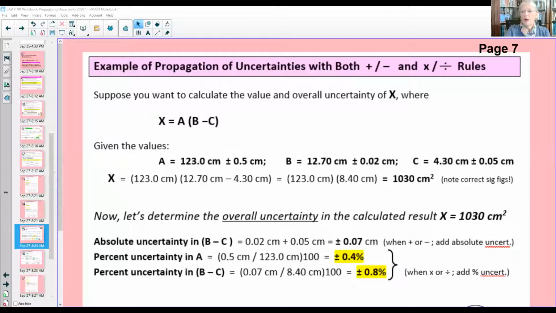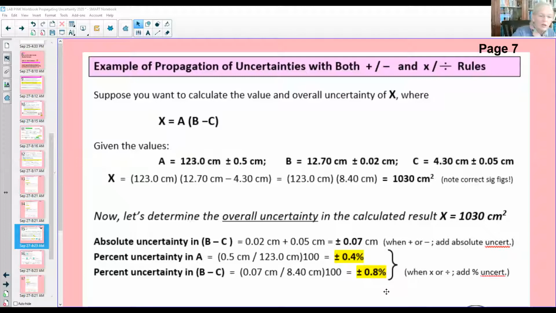I'm going to share my screen and show you what I'm doing. So on page 7 is an example of propagating uncertainties with both an adding and subtracting component to the calculation and a multiplying and dividing component to the calculation.